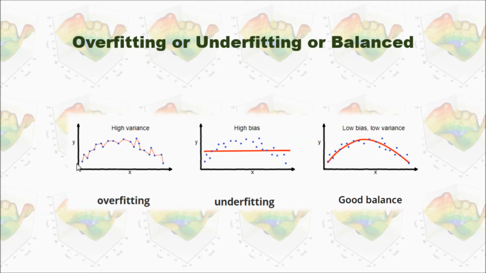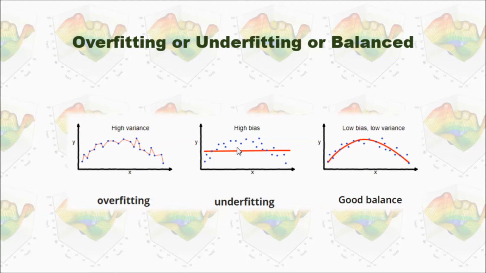It fits our experimental data so well, but we don't know if all those experimental data can represent all our true data. In the second graph, our result is a straight line, and it doesn't fit our experimental data at all.